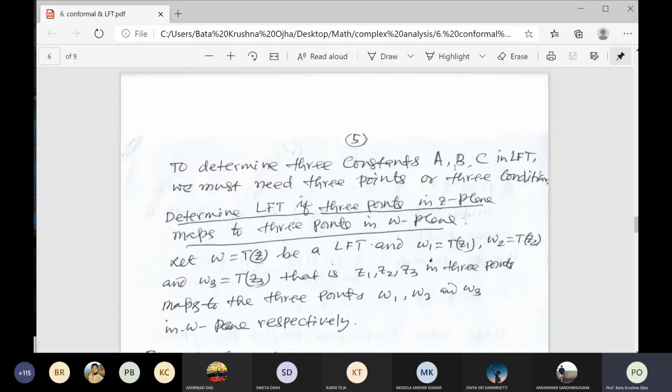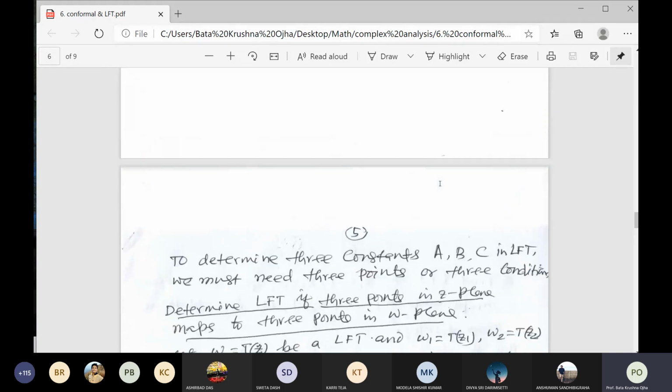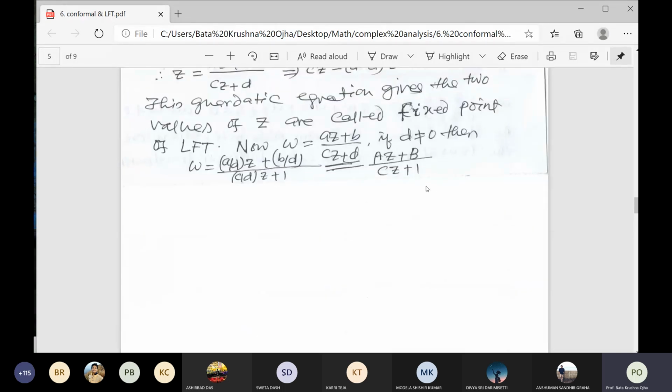There are two formulas to determine A, B, C or the LFT. The first formula: suppose 3 points are given. W is equal to AZ plus B by CZ plus 1. Suppose Z1 maps to W1, Z2 maps to W2, Z3 maps to W3.